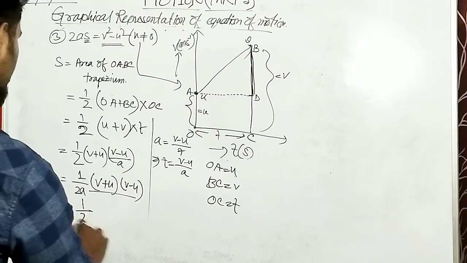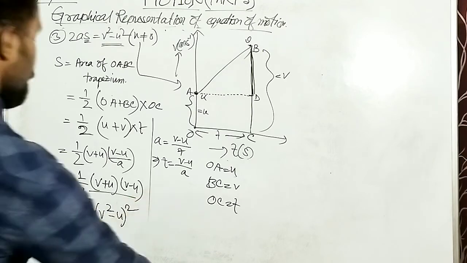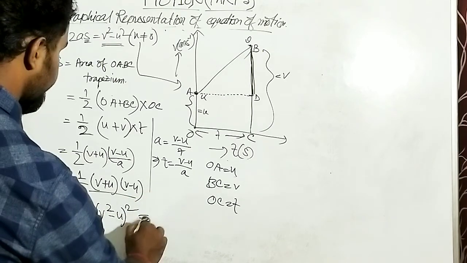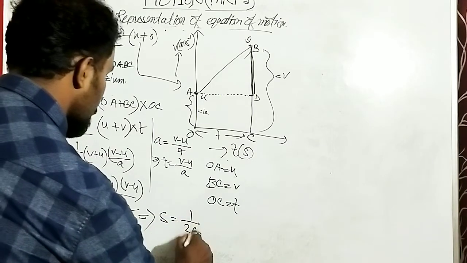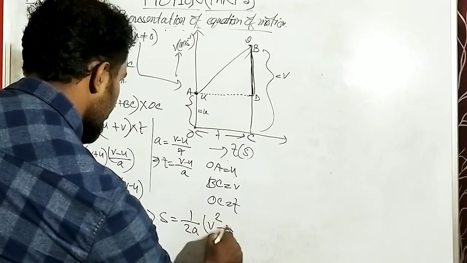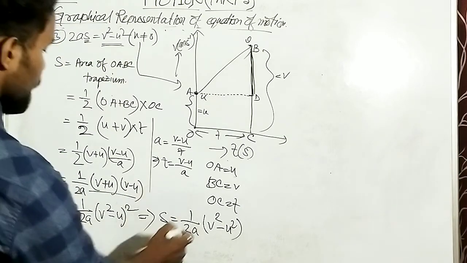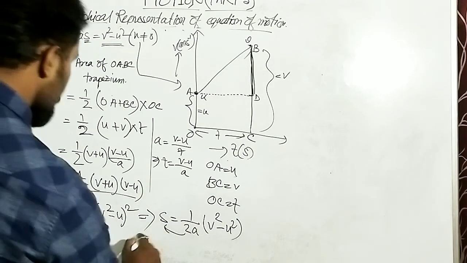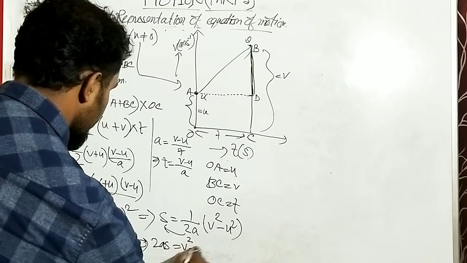So 1 by twice A, nothing but V square minus U square. So we have got that S equal to 1 by twice A into V square minus U square, right? So if we rearrange it and do cross multiplication, we get twice AS equal to V square minus U square.